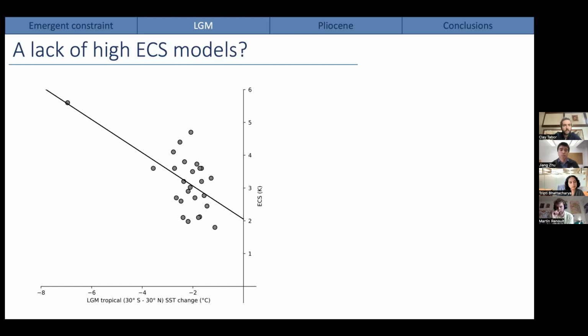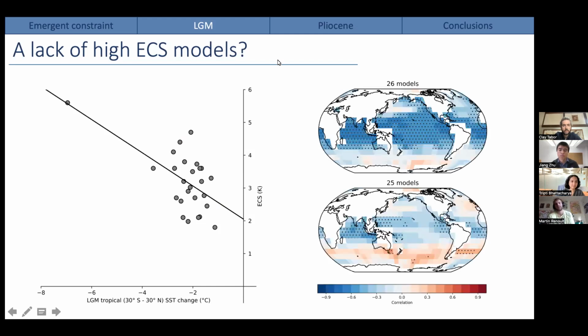Finally, another problem is that at the time of the research, and I'm really emphasizing this, there was only a single model that has a high climate sensitivity, a climate sensitivity above 5, which was CESM2. And it's a bit of a problem for the LGM, as I said at the beginning, because if you include CESM2, you end up with the correlation map on the top.